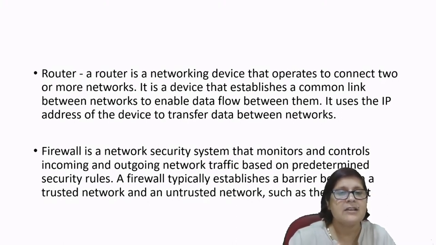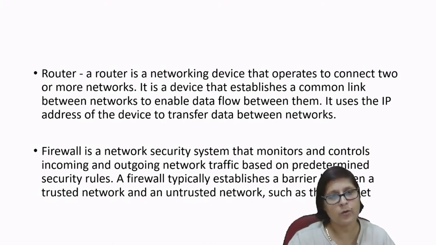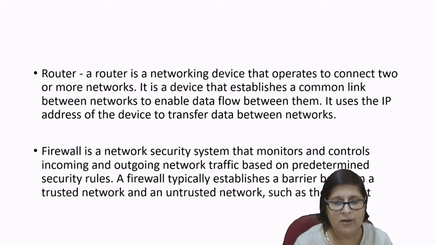A firewall is what? It is a network security system. What does it do? It monitors and controls the incoming and outgoing network traffic. On what basis does it monitor and control the incoming and outgoing traffic? On the predetermined security rules.